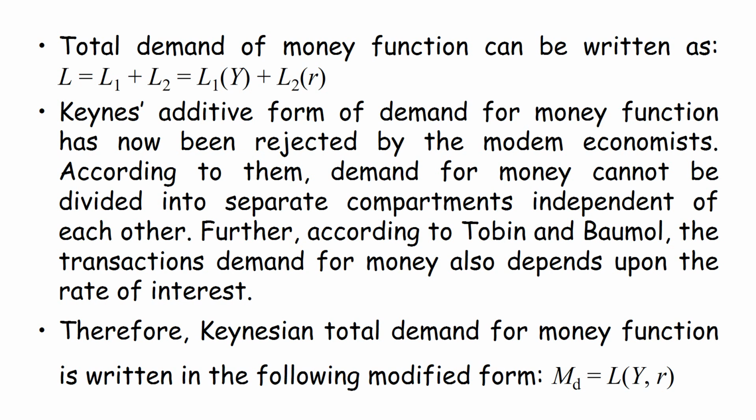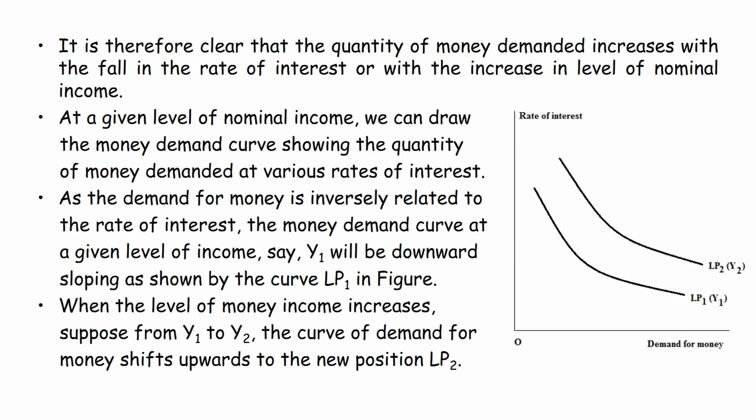And hence, after taking into consideration all these modern views, the Keynesian total demand for money function can be written in the following modified form: MD = L(Y, R), which is the final functional form of the Keynesian liquidity preference theory of interest.